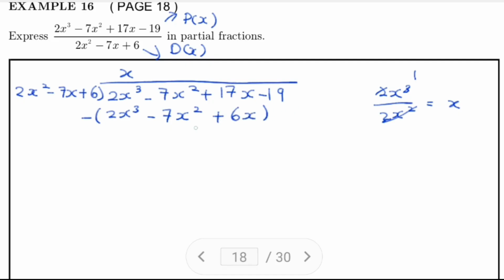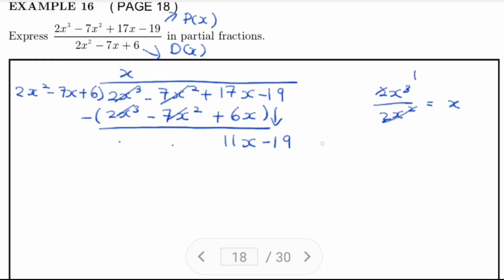After multiplying, we subtract. So 2x cubed minus 2x cubed, 0. Negative 7x squared minus negative 7x squared, 0. 17x minus 6x, we get 11x. Now bring down negative 19. So the remainder that we have is 11x minus 19, which is of a degree less than the divisor.